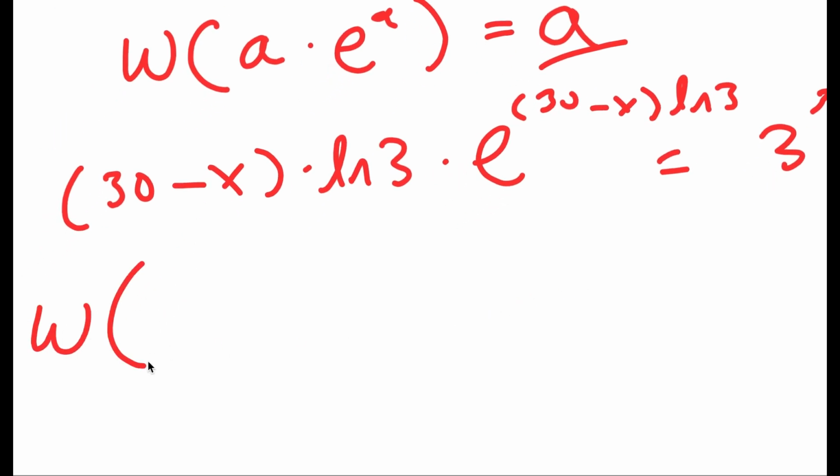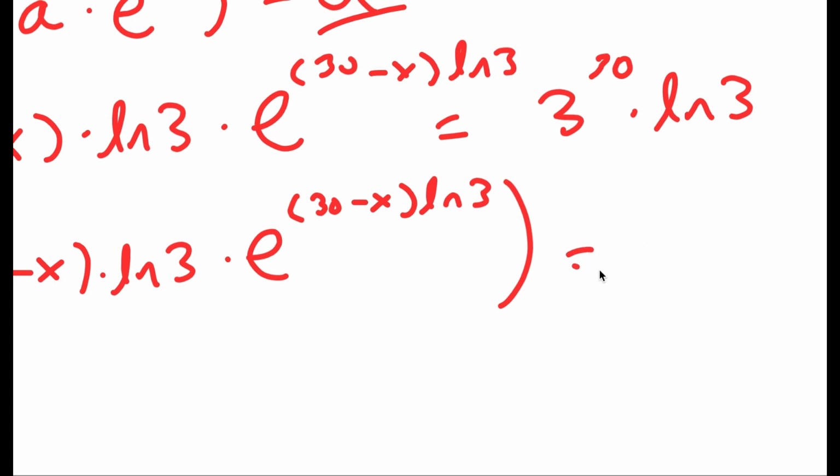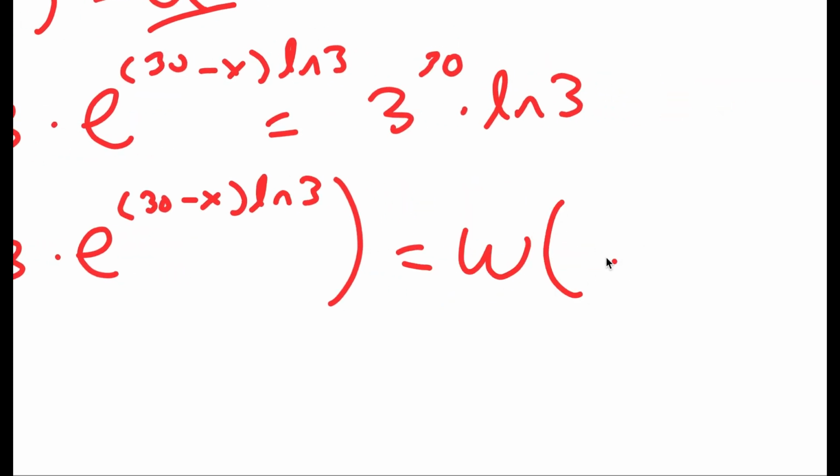So I'm going to take the W of 30 minus x times ln 3 times e to the power of 30 minus x times ln 3 is equal to, I have to take it on both sides, the W of 3 to the power of 30 times ln 3.